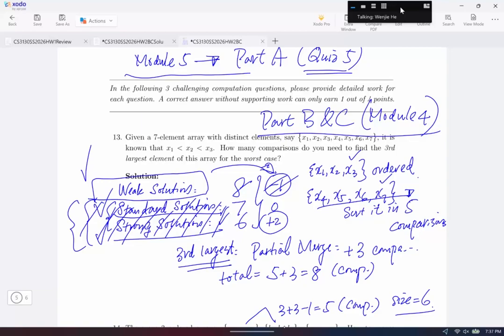No communication software you can use, and AI related technical forums you cannot use. Online forums. Other than that, basically just our course materials. So that's our policies. Notes, that's no problem.